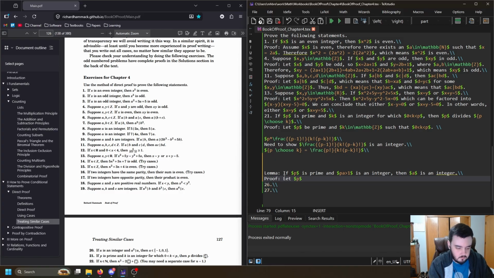Let P be prime and P times A, greater than 1, be an integer. And good enough. Kind of sloppy, but whatever.